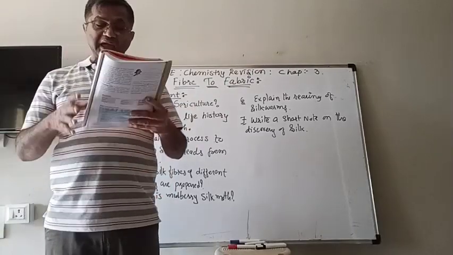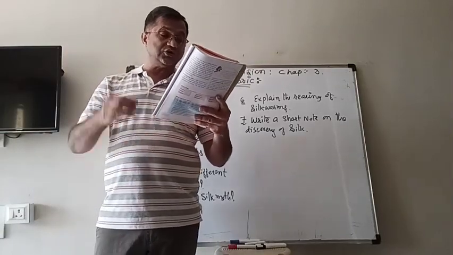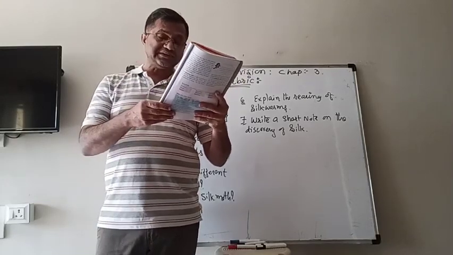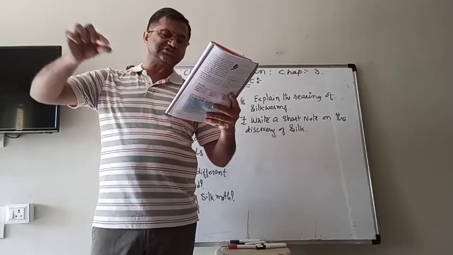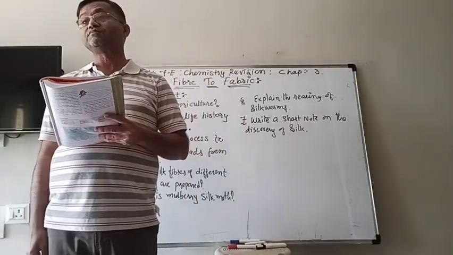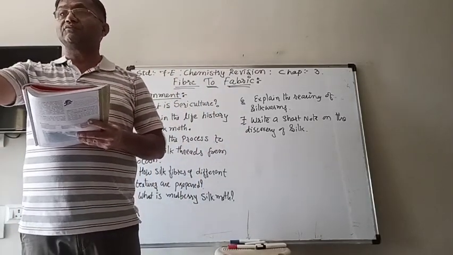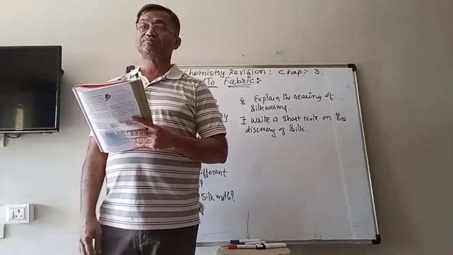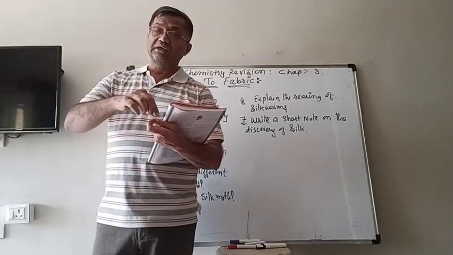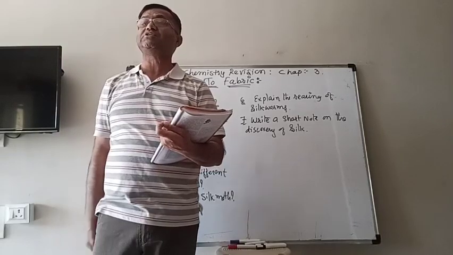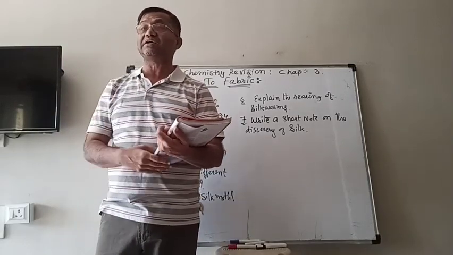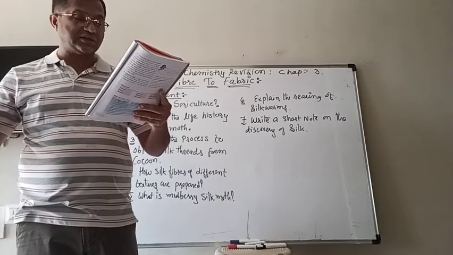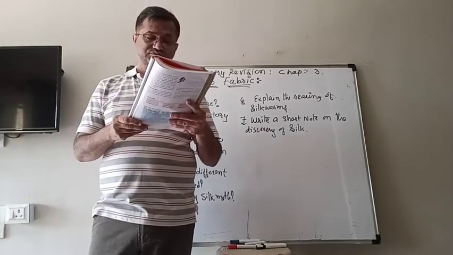Then accidentally a cocoon dropped into a cup of tea, and a tangle of delicate threads separated from the cocoon. So a cocoon fell down in the tea, and then they saw that a fine thread can be drawn out, and then they started to take out those fibers, and it is known as silk fibers.